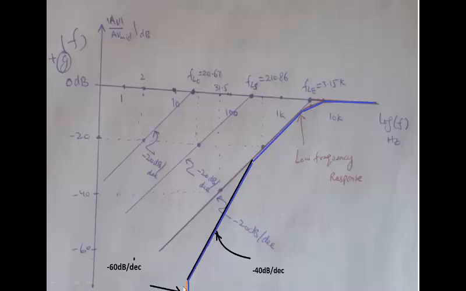The actual response would follow the approximate response, but at break frequencies it would deviate a little bit, with a difference of minus 3 dB at break frequencies. So once you have the approximate response, you can plot the actual response just by following the approximate response. The only difference would be at break frequencies, where it would be at a minus 3 dB difference.